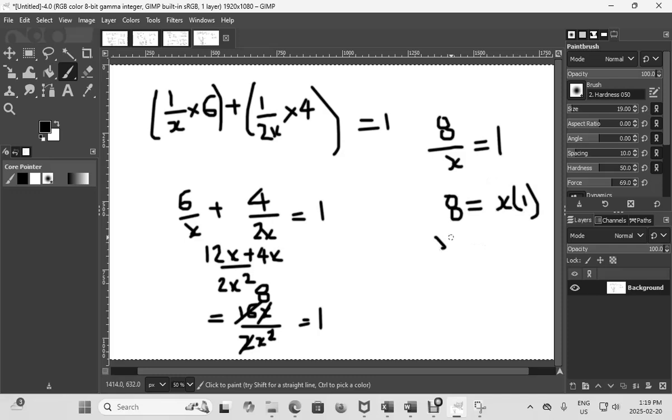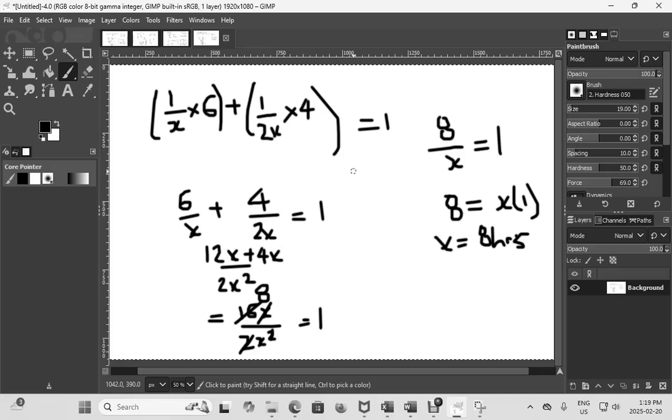So x equals 8 hours. We know that 1 over x has to do with 8 hours. The rate of work will be 1 over 8, times 6, a total of 6 hours.